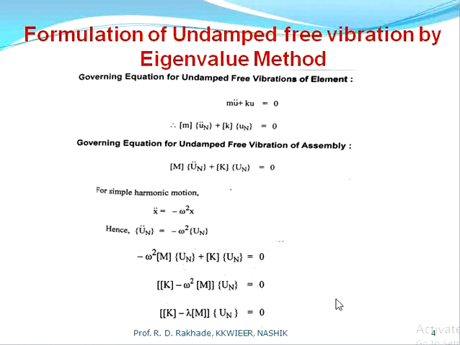Next one is the formulation of undamped free vibration by the eigen method. So we already know the basic or governing equation for undamped free vibration of an element, that is m u double dot, where u represents the displacement vector, plus ku is equal to 0. So we can represent u_n, that is the nodal displacement vector.